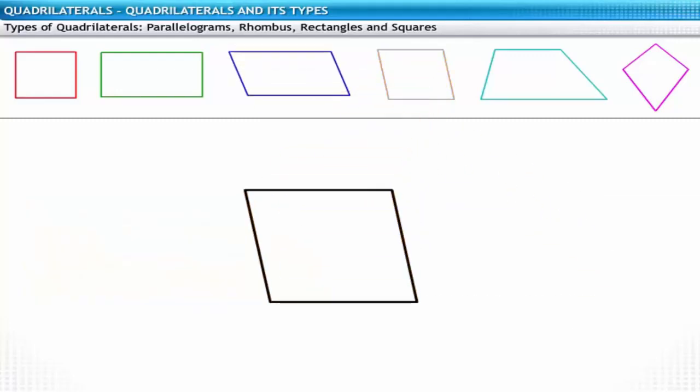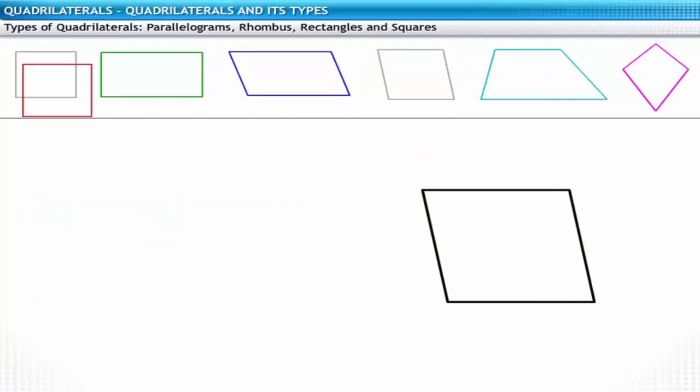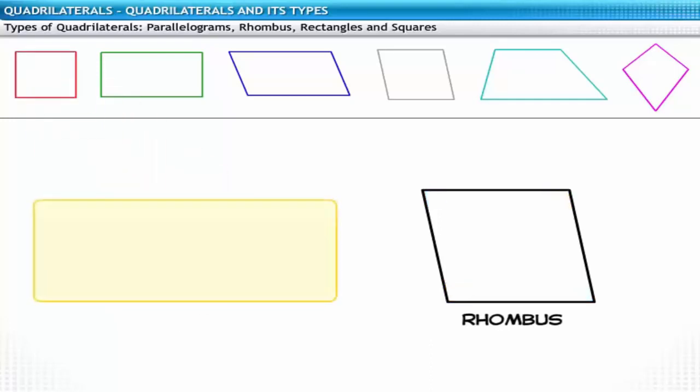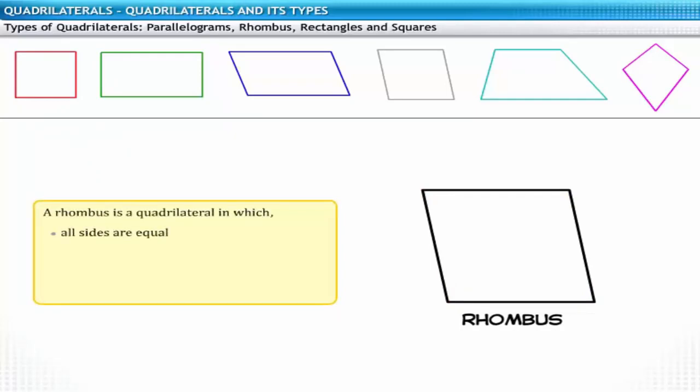Now, consider the fourth type of quadrilateral. On comparing this quadrilateral with a square, we find that most of their properties are the same. However, unlike the square, its angles are not right angles. Such a quadrilateral is called a rhombus. A rhombus is a quadrilateral in which all sides are equal in length.